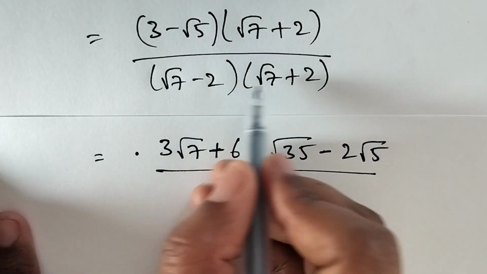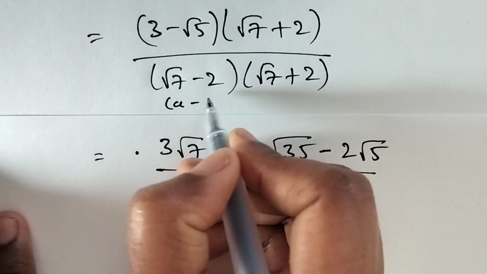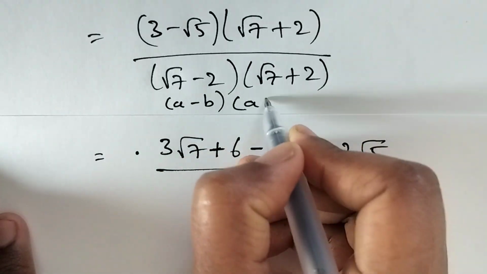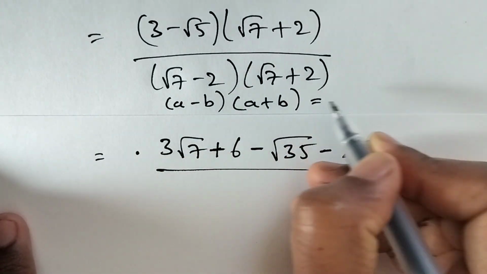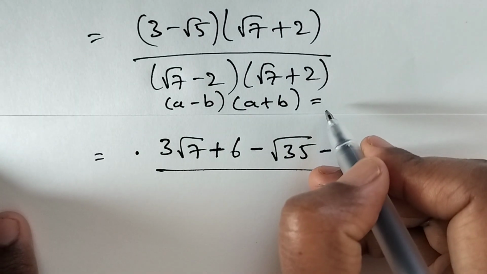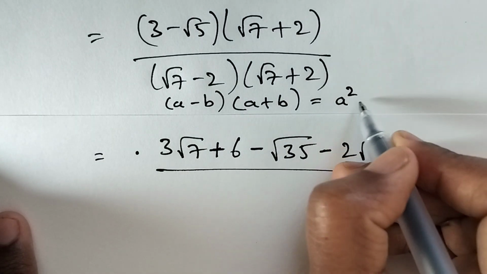Divided by, this is in the form of a minus b times a plus b, and we know this formula: a minus b times a plus b is equal to a square minus b square.